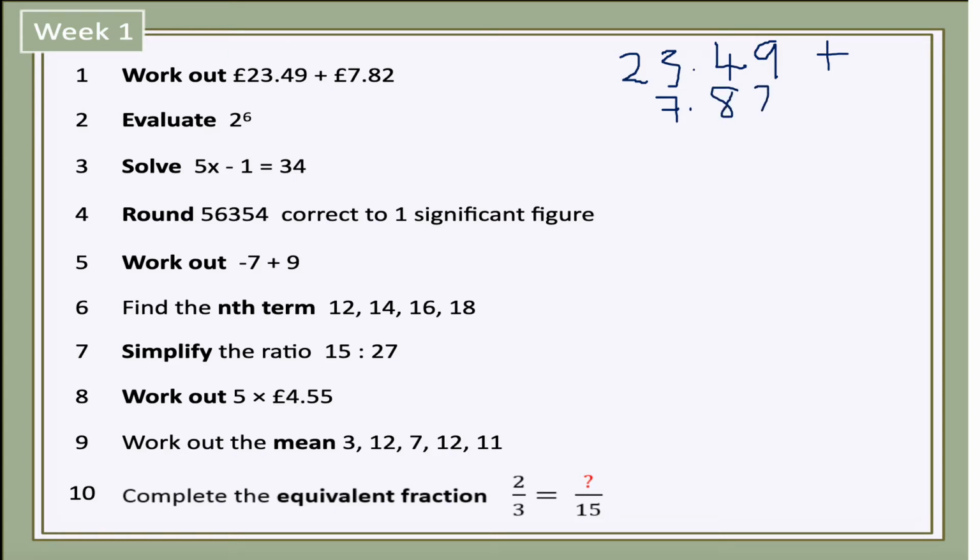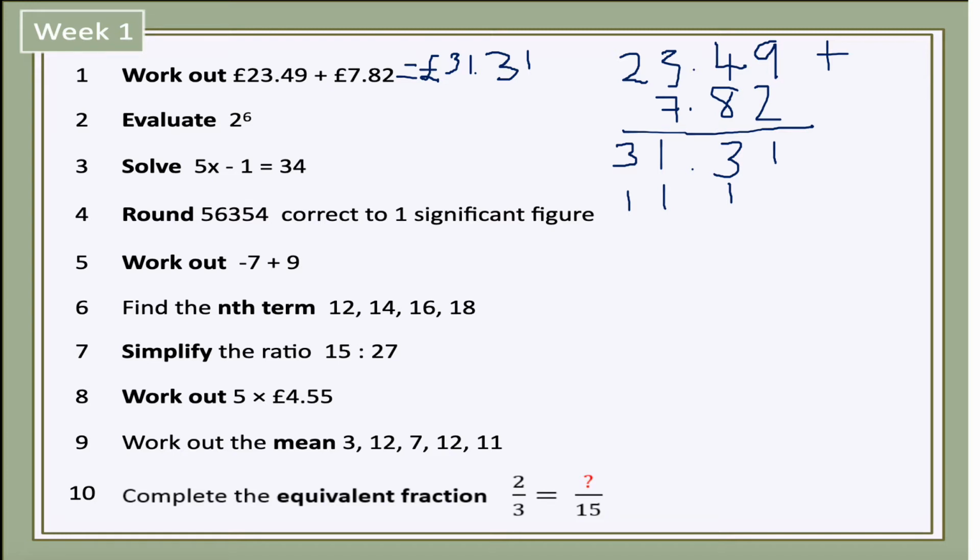Alright guys, so 9 add 2 is 11, so 1, carry the 1. 4 add 8 is 12, add the 1 is going to be 13, carry the 1. 3 add 7 is 10, add the 1 is 11. 2 add 1 is equal to 3. So the answer to question number 1, guys, is £31.31. Okay, and that is the workings out that you would need for this question.